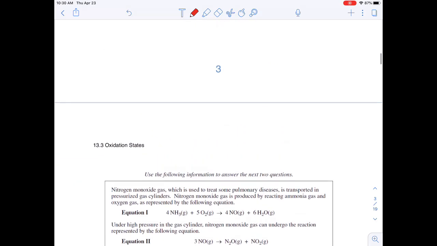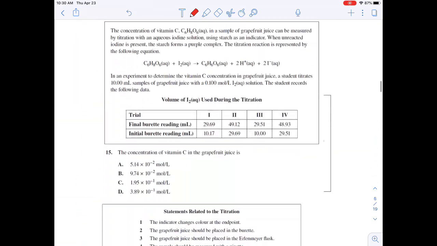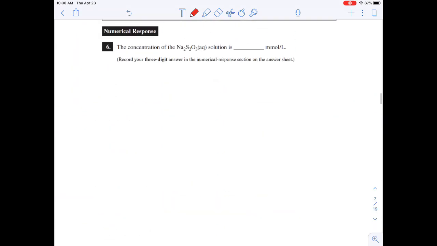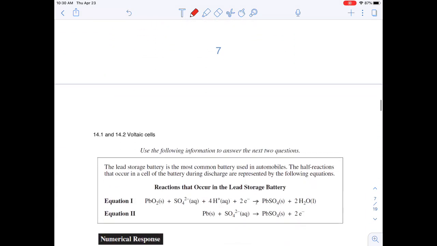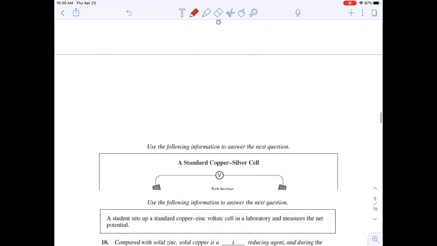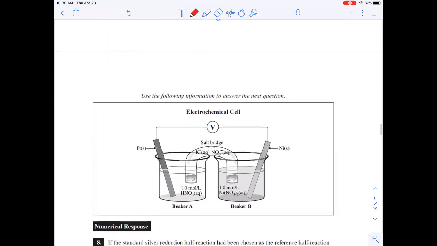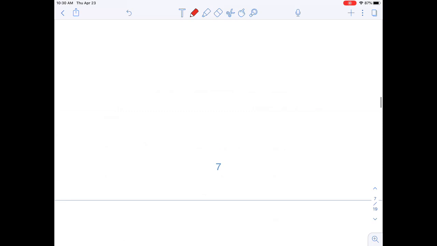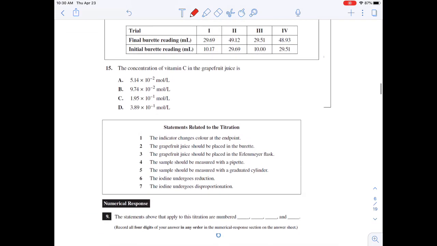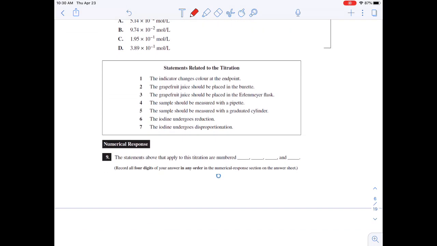It's on page 7. I think my pages are screwed up here. This is the question that was being asked about.